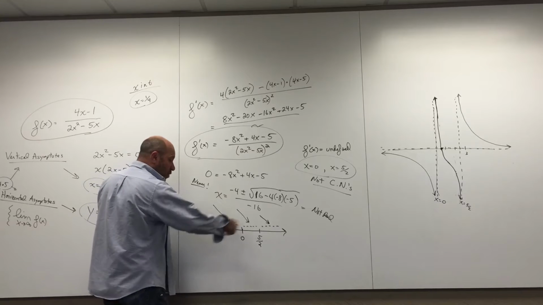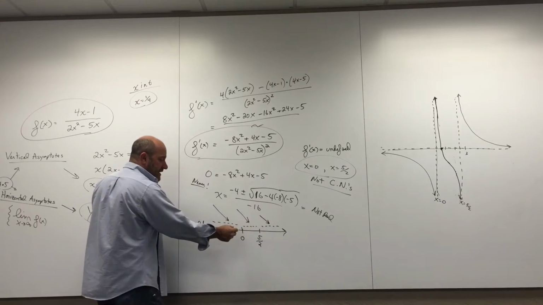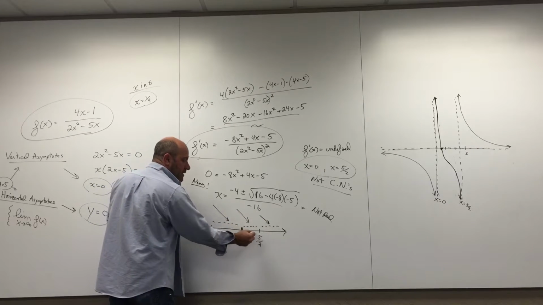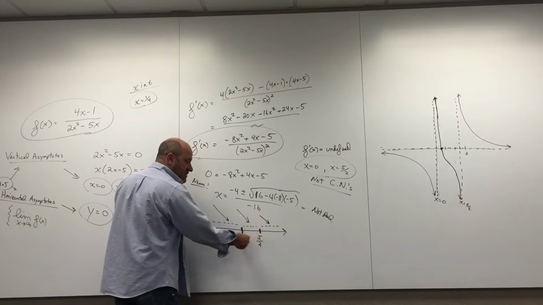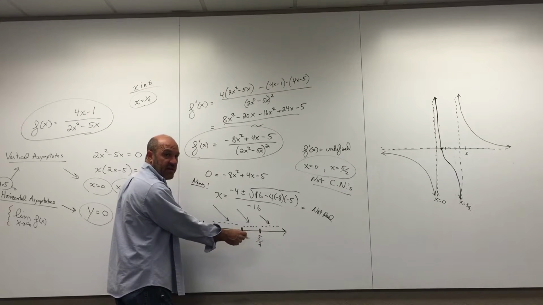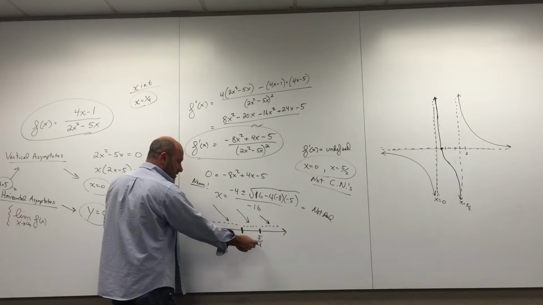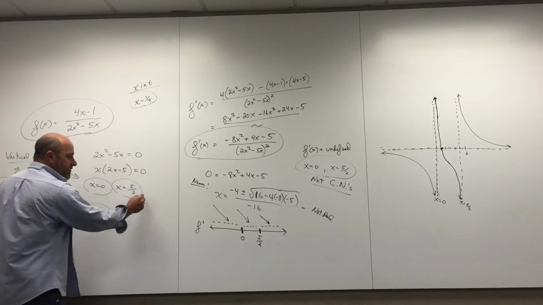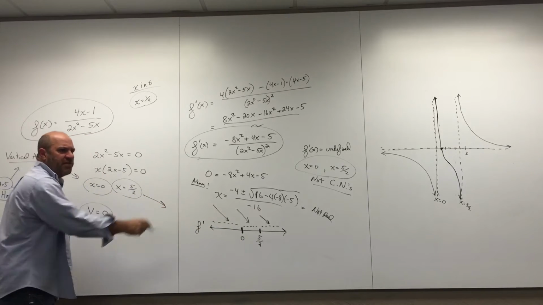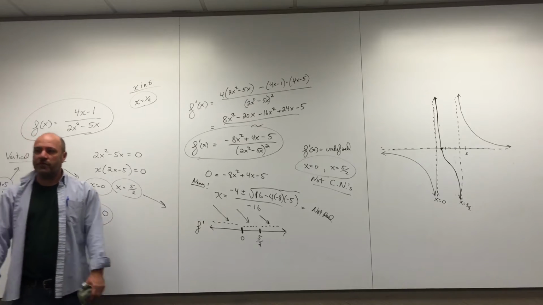Oh, well, right. There were no critical numbers, but I did put these guys on the number line. And these guys are not critical numbers. What are they? They're asymptotes. Yeah, they're my vertical asymptotes. So I put them on the number line, even though they're not critical numbers.